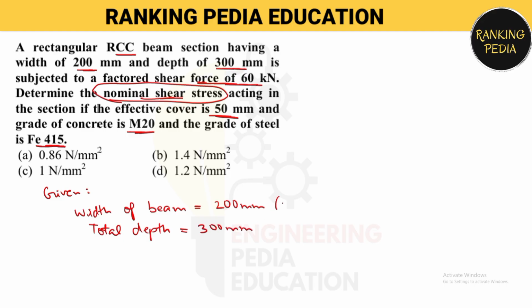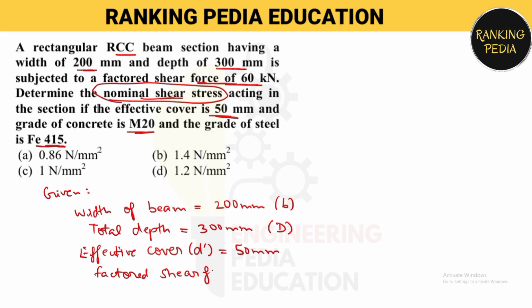Next, the effective cover is given, which we denote by d dash, and it is 50 mm. Next, the factored shear force is given in kilonewton.